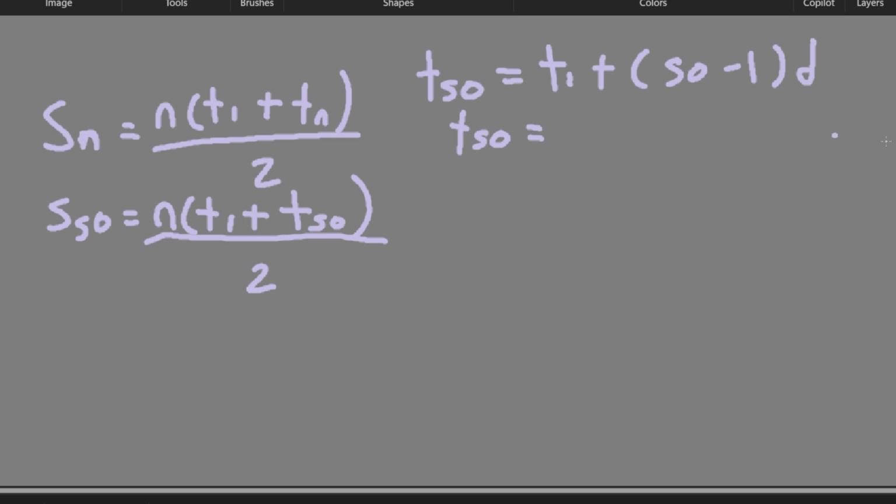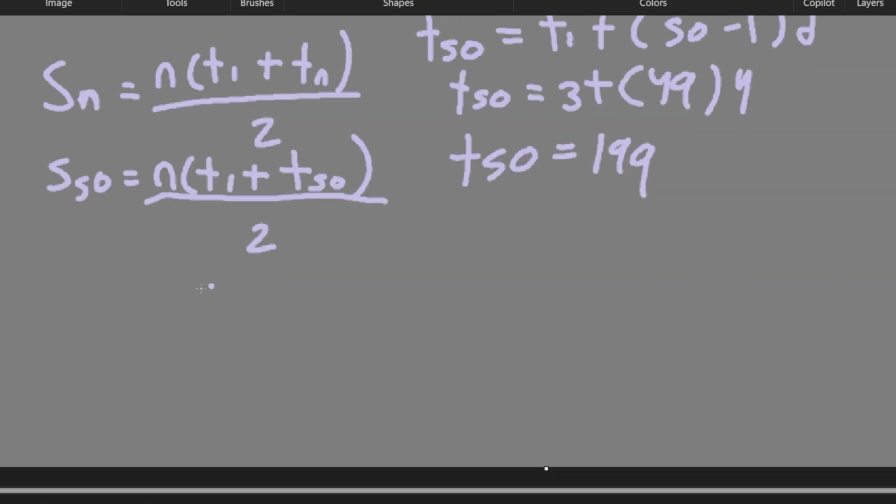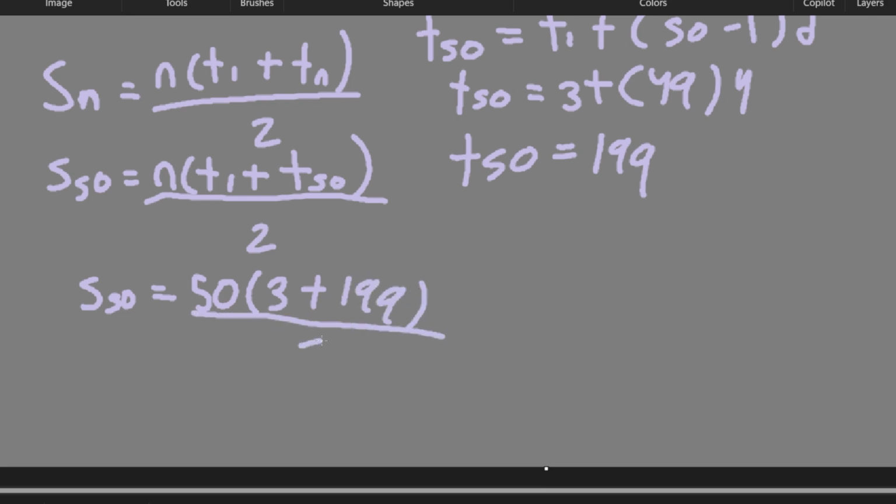The first term was 3. That says that T50 is 199. So we go back here. S50 is equal to n, which is 50, times 3 plus 199, over 2. Divide by 2, you get the same answer, 5050.